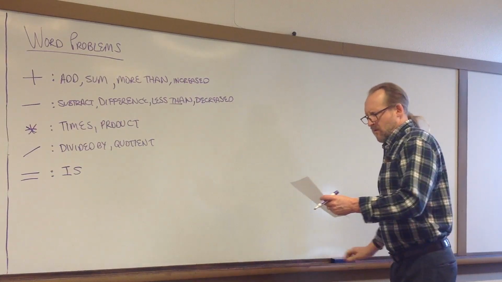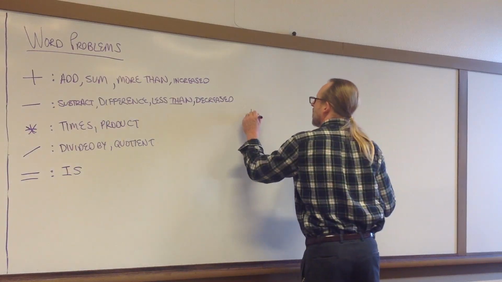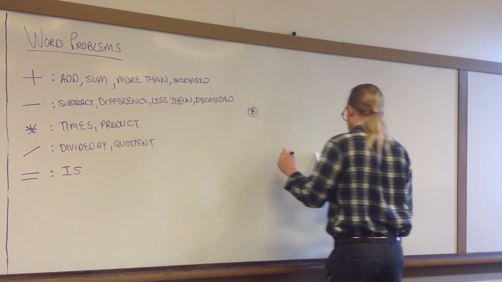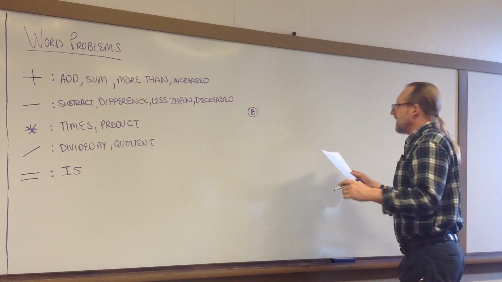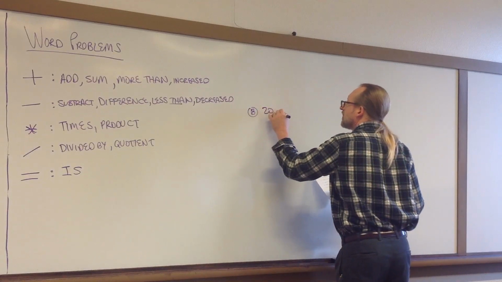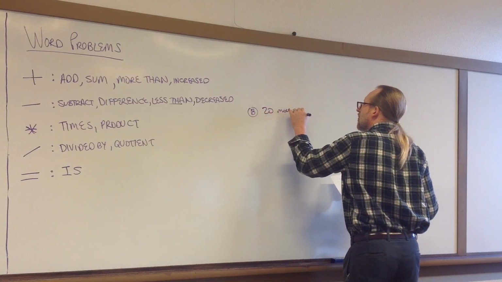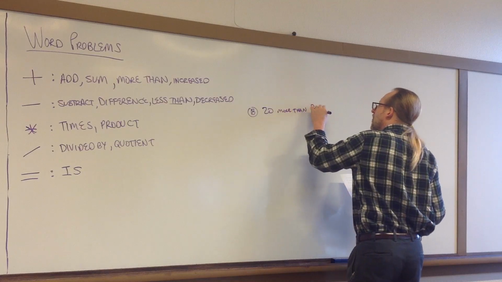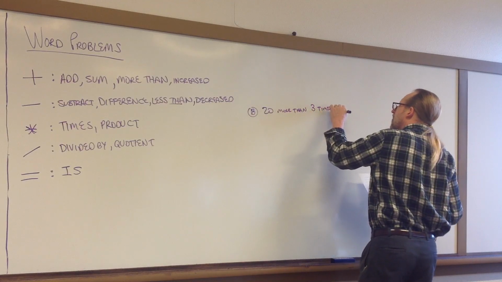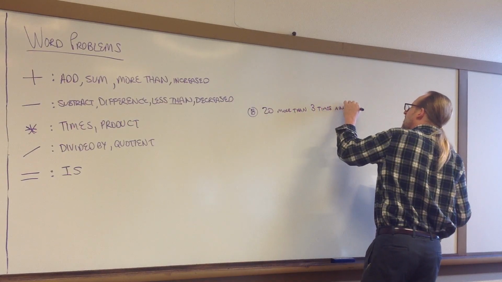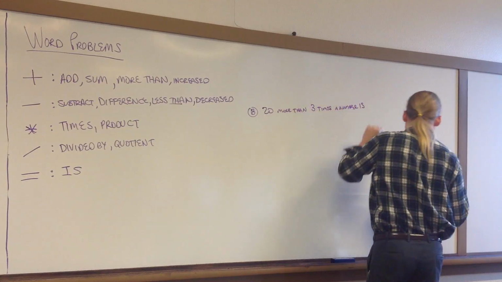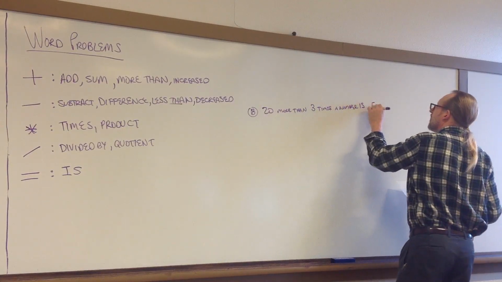Problem 18. 20 more than 3 times a number. Okay. Is what? 53.